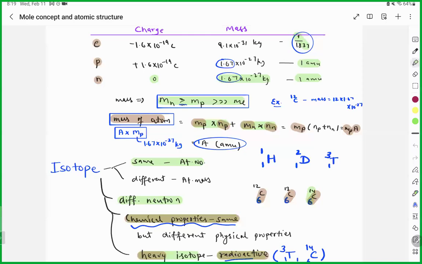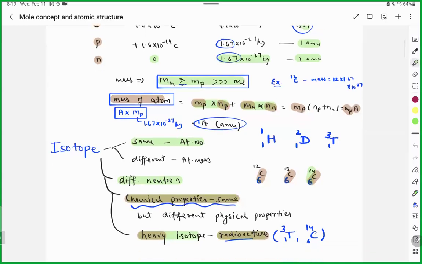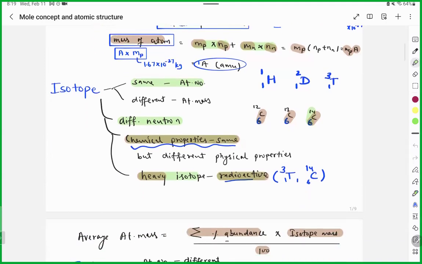One will be 1.672, another will be 1.674, a very small, negligible difference, but neutron is slightly more. If we want to calculate the mass of one atom, mass of proton multiplied by atomic mass, and usually it is written in the atomic mass unit.